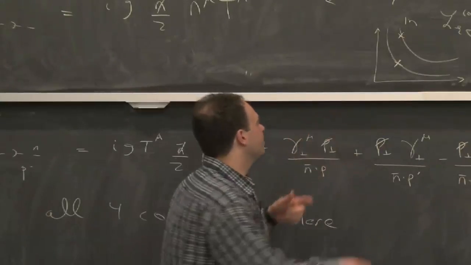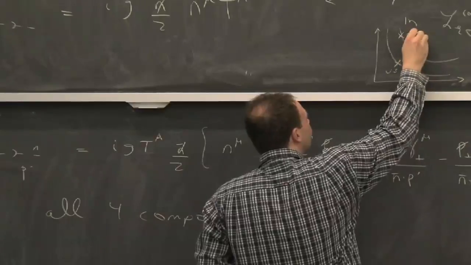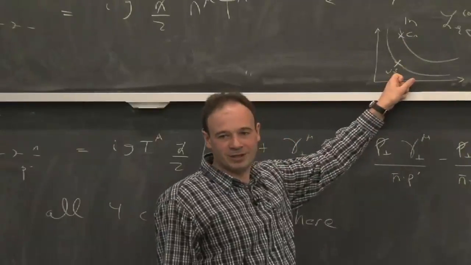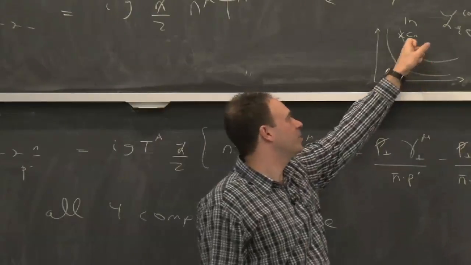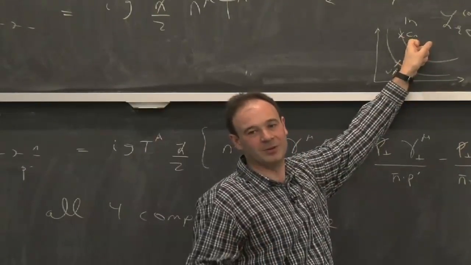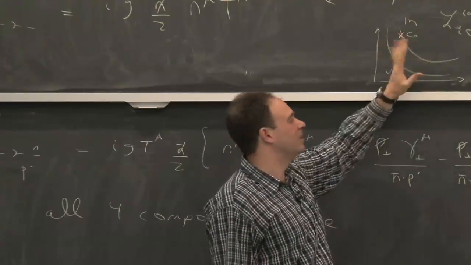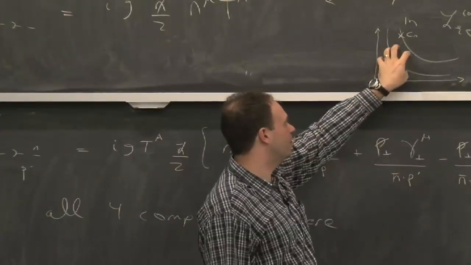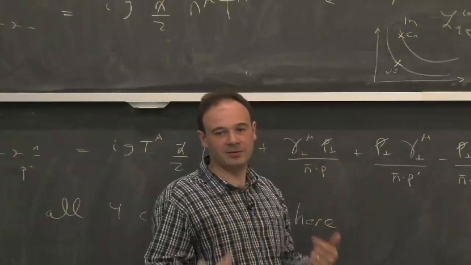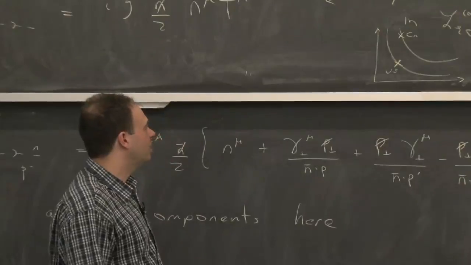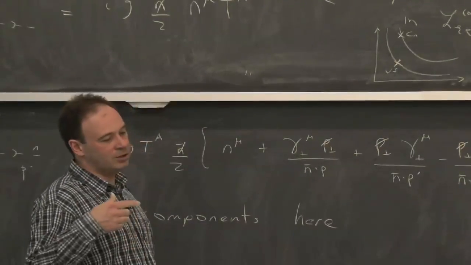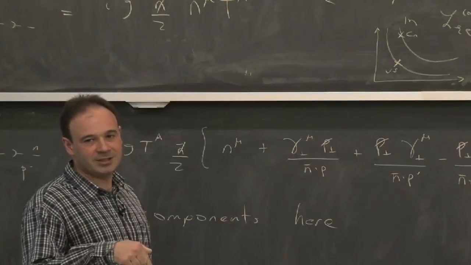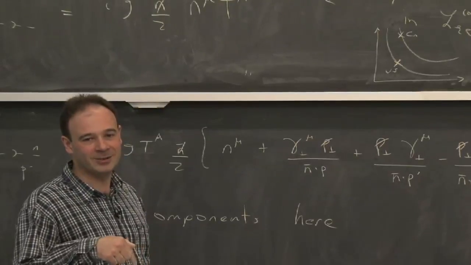An ultrasoft particle can actually have both collinear and soft divergences. The collinear particle can also have both types of divergences. And so the names are associated to where they live in momentum space, not the type of divergences that they're encoding. If I wanted to set up the field theory to exactly correspond to the divergences, well, first of all, no one's ever figured out how to do that.